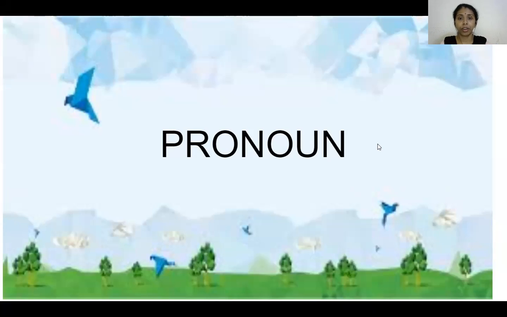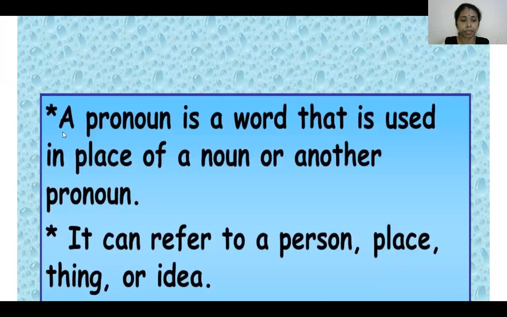So, first of all, we need to learn what is pronoun, I mean the definition of pronoun. So let's check what is the definition for pronoun. A pronoun is a word that is used in place of a noun or another pronoun.